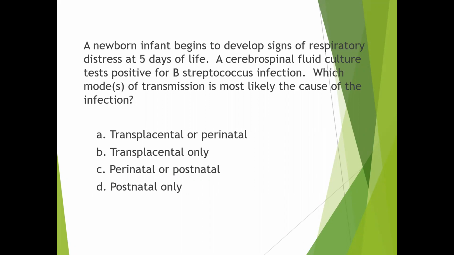A newborn infant begins to develop signs of respiratory distress at 5 days of life. A cerebrospinal fluid culture tests positive for group B streptococcus infection. Which mode of transmission is most likely the cause of the infection? Postnatal, I'll say postnatal.